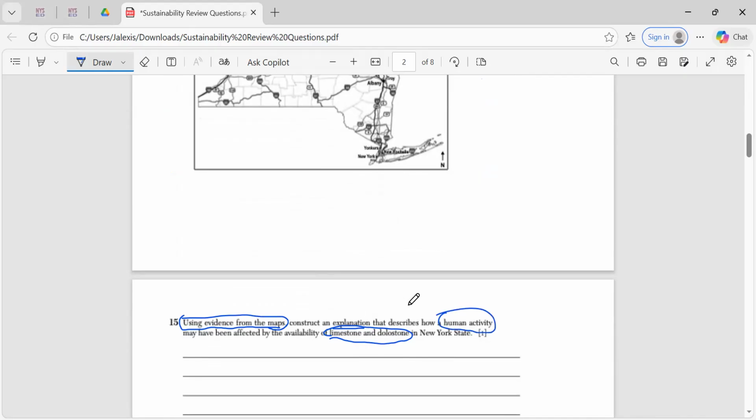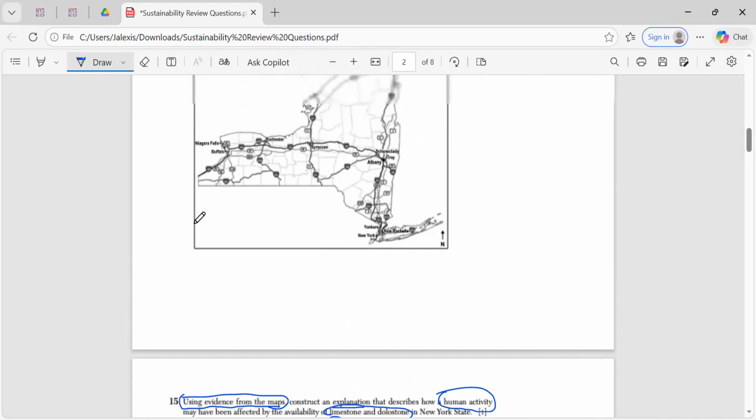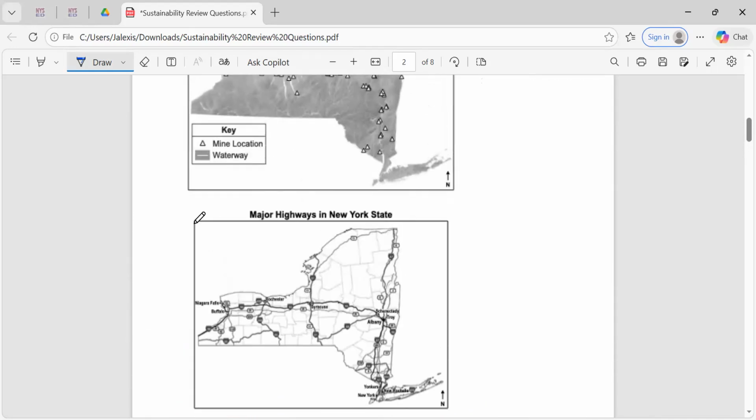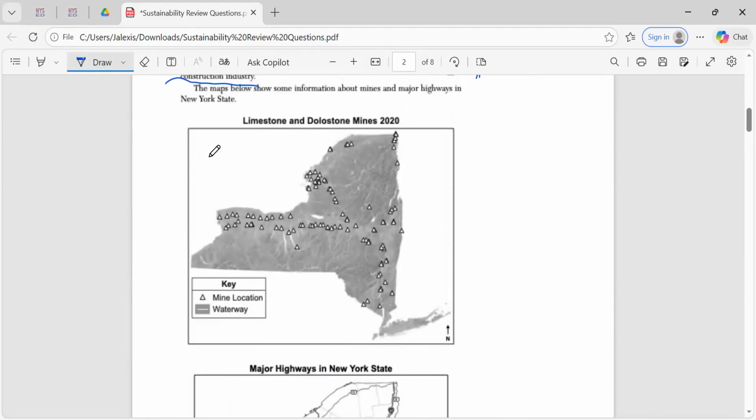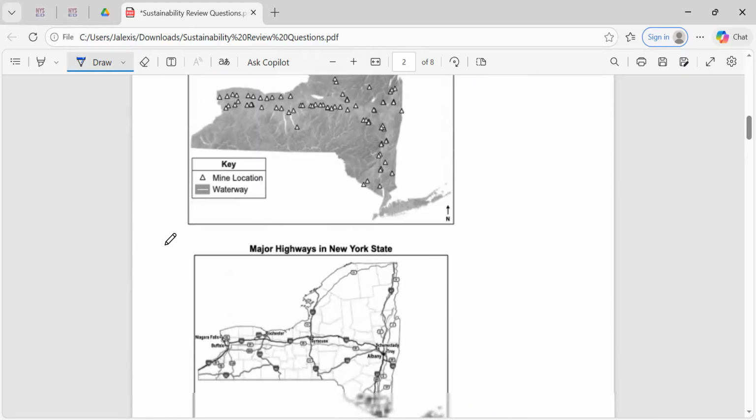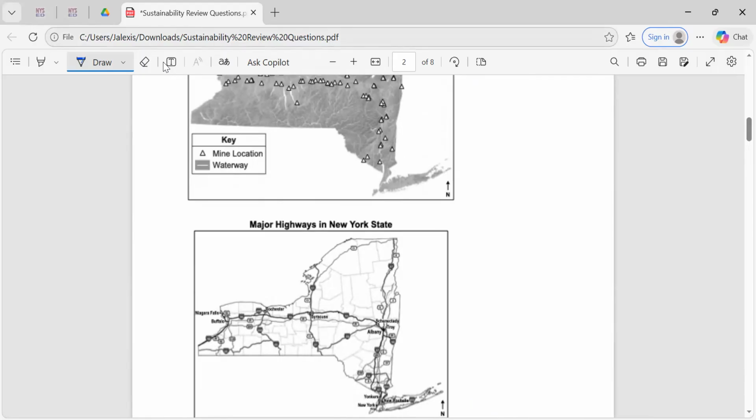Whatever humans are doing, how could it be affected by the availability of limestone and dolostone? So I know limestone and dolostone are used for construction. Could the maps tell me what construction is taking place? When I look at this first map, it tells me the limestone and dolostone mines, and the second map tells me highways.